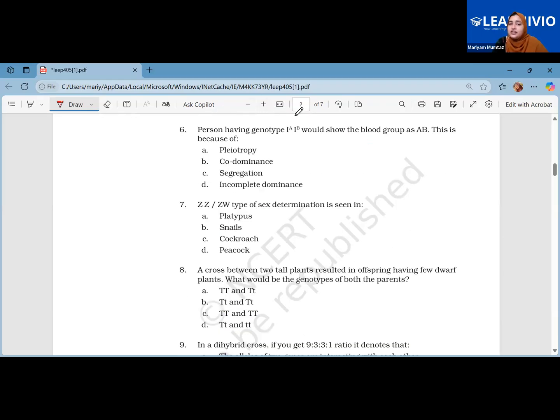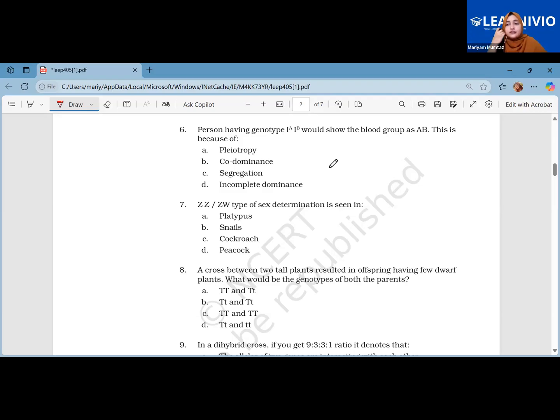A person having the genotype IAIB would show the blood group as AB. This is because of which phenomenon? Because in blood group AB, they can take any blood, right? But no, they are asking about this type of inheritance of a person having AB blood group.